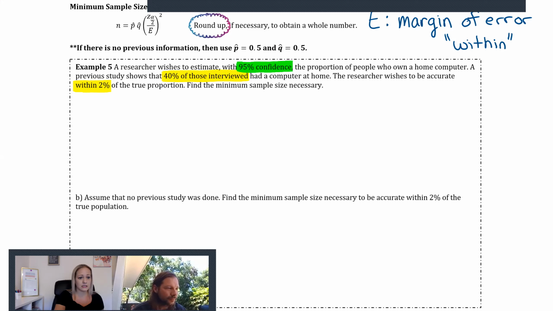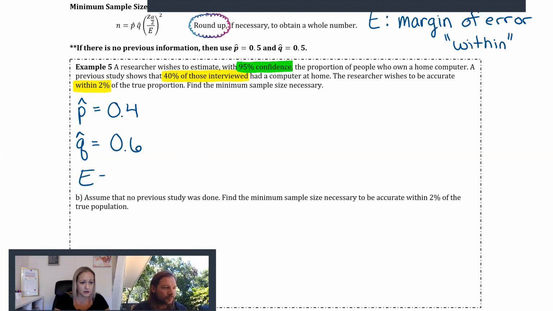So p hat is the proportion of people who had a computer at home. It says 40%, so we're just going to turn that into a decimal, so 0.4 or 0.40, doesn't matter. q hat is just 1 minus p hat, so 60% or 0.6. E, your margin of error, well, it says accurate within 2%. So you do need to turn percents into decimals in this section. So 2% would be a margin of error of 0.02.